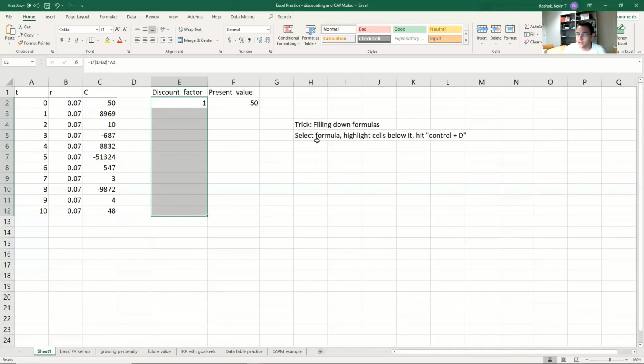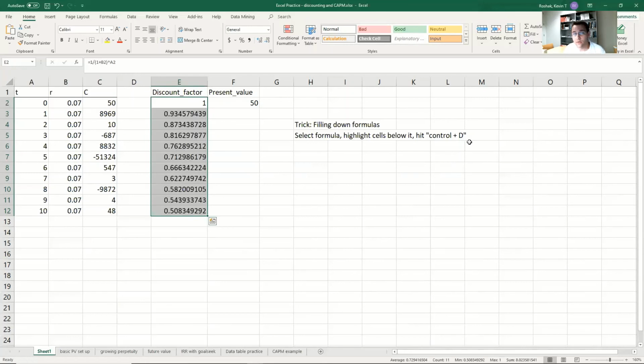Okay. So I select the formula that's sitting in E2. I highlight the cells below it, by clicking and dragging, or you can click, hold the Shift key, and then click again on the bottom. There are different ways that you can highlight these things. And then you hit Control plus D. And here's another useful check.